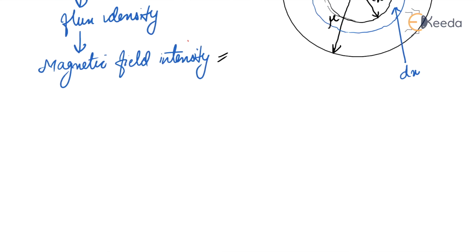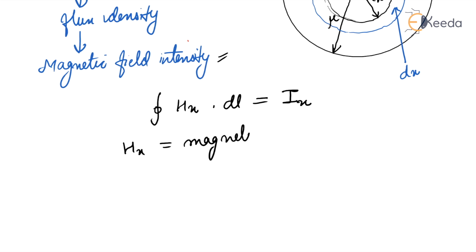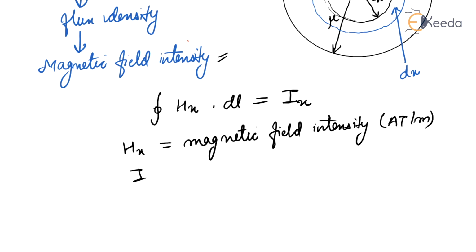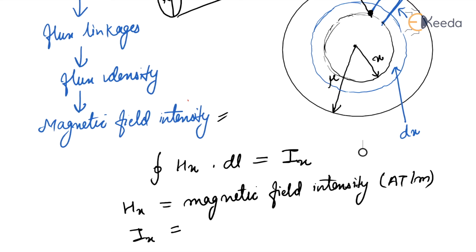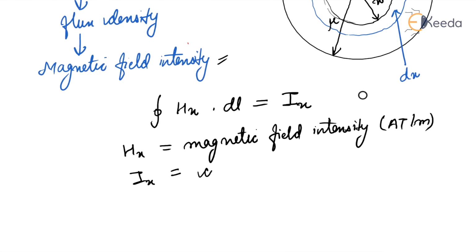So first, as you know, the loop integral of Hx dot dl is equal to Ix, where Hx is the magnetic field intensity in ampere turns per meter, and at distance x the current is Ix. So Ix is the current up to distance x.